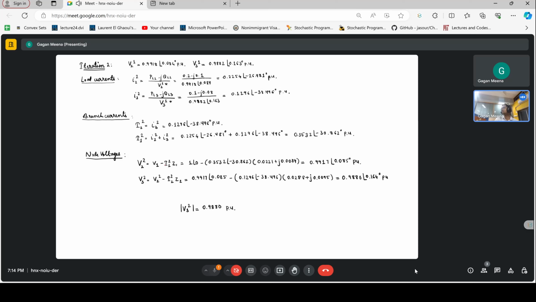So you will get this, 0.9880. The question was to find out the bus voltage magnitude. So the third bus voltage magnitude after the second iteration is this.